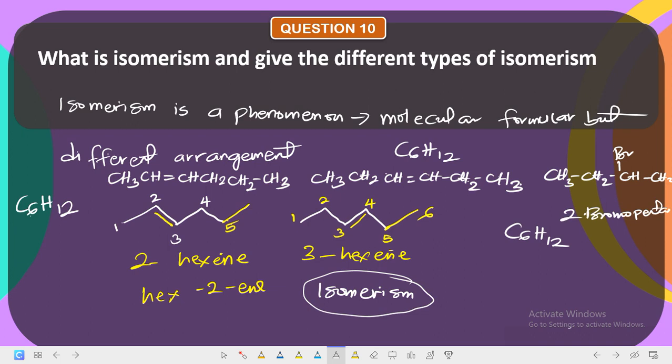And then if I can still draw this again, you have CH2, Br, then CH2, 1, 2, 3, 4, butane rather, 2-bromobutane. Okay, now I can still draw this in such a way that it will be like this.